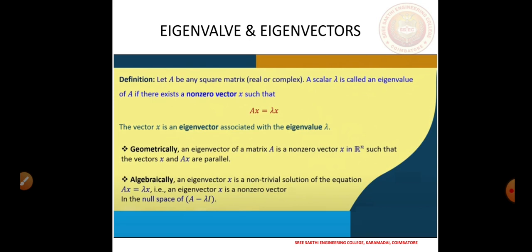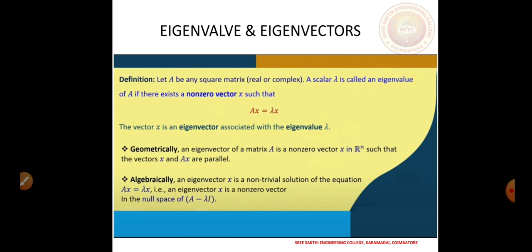First point, geometrically, an eigenvector of a matrix capital A is a non-zero vector x in R^n such that the vectors x and Ax are parallel. So the geometric meaning of eigenvalues and eigenvectors in general is that the vectors x and Ax are both parallel and their magnitude will be changed, and therefore we have this eigenvalue lambda.